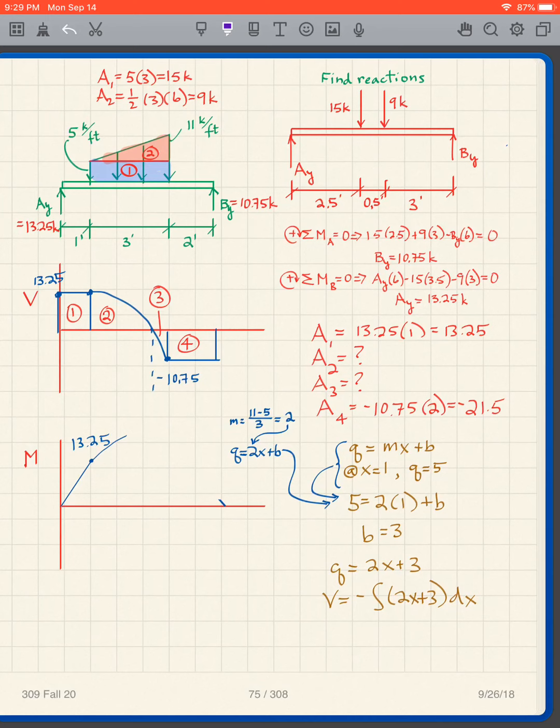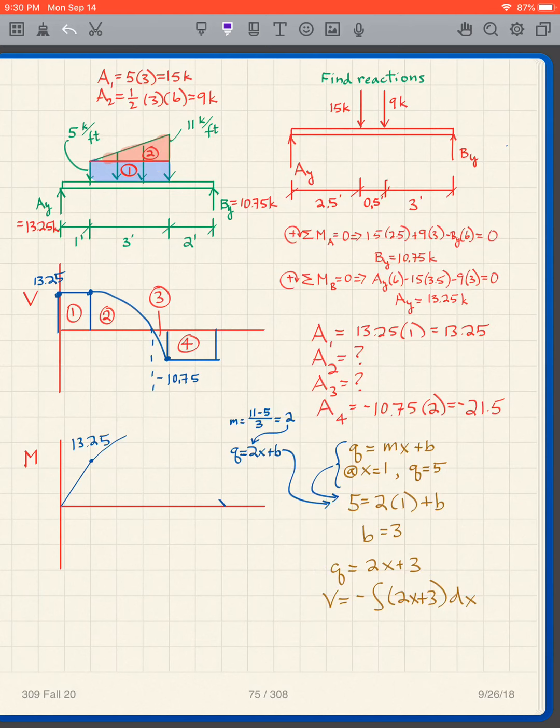So the slope of that line is 11 minus 5 over 3, and that slope is 2. So the equation for q is going to be 2x plus b. I note that at x equals 1, q equals 5. That's that point right there. I plug that in, and I get 5 equals 2 times 1 plus b, so b equals 3. So my equation is q equals 2x plus 3.